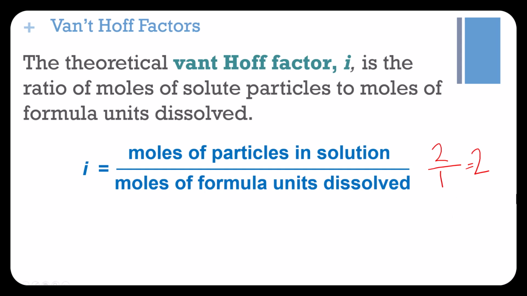So let's think about a couple other examples of Van Hoff factors. So let's look at magnesium chloride. So magnesium chloride is MgCl2. When I put this into solution, how many particles do you think this is going to break apart into?